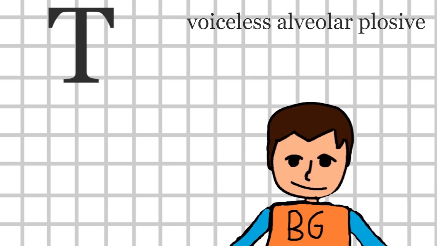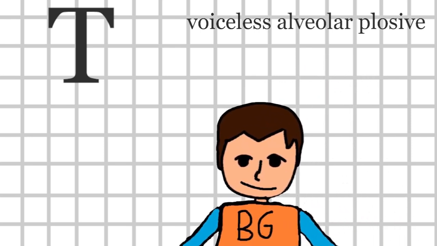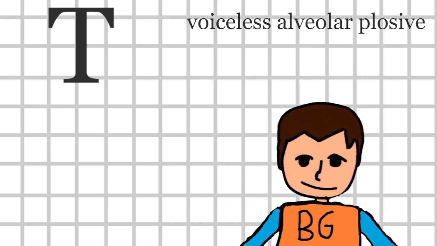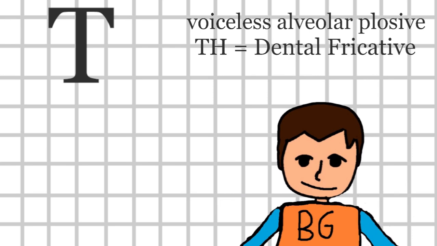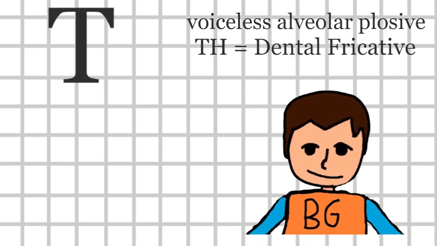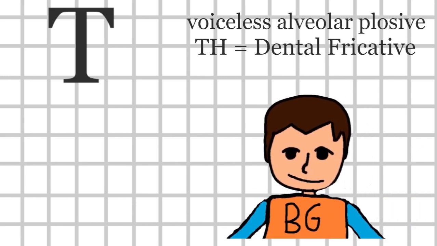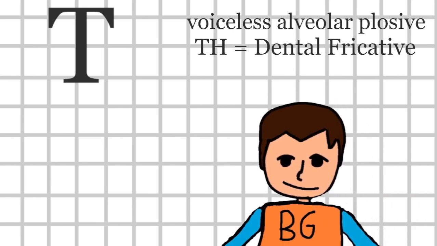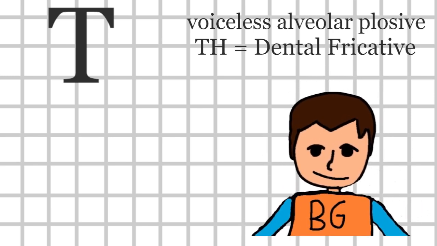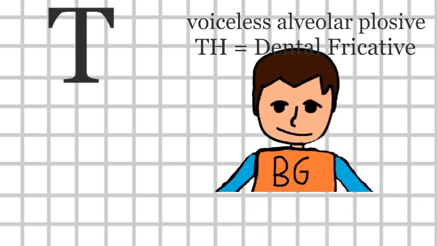Now, let's see what other sound it makes, and this one is the important one for this video. When combined with an H, T makes a dental fricative. A dental fricative is basically th or the. Th is a voiceless dental fricative, and the is a voiced dental fricative.